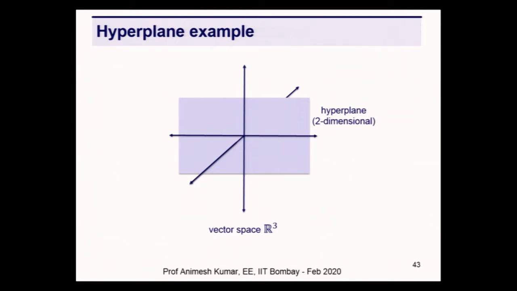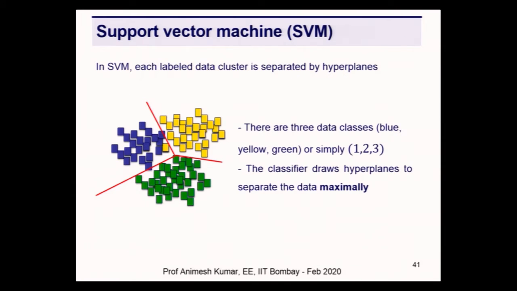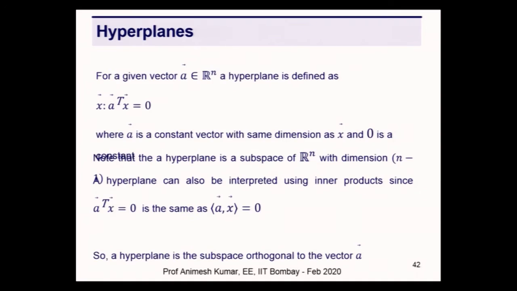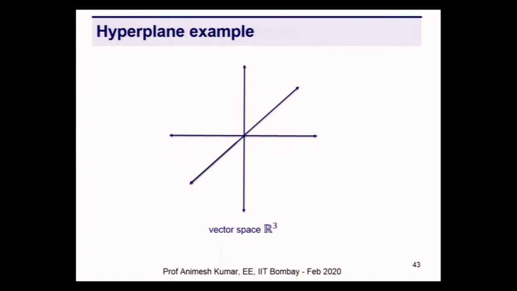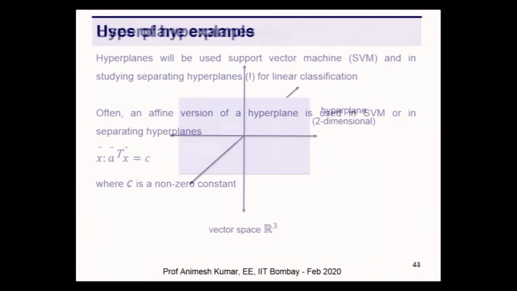One may not insist that the hyperplane I'm looking at crosses through the origin, and that's because if you go back to this motivation, the data may not be centered around the origin. It may be far away from the origin, in which case you do not want to insist on the origin being part of the hyperplane.